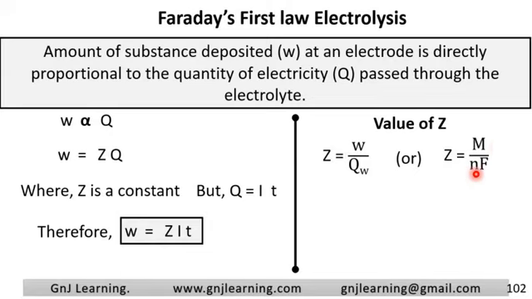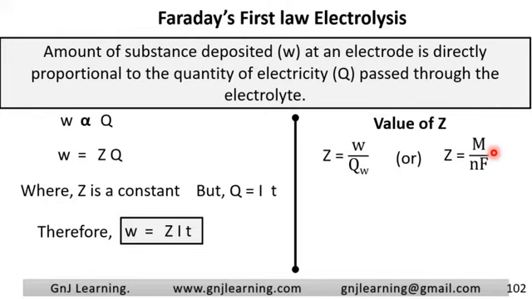So if you are passing N into Faraday, that means in sodium, when we passed 1 Faraday, N is the number of electrons and F stands for Faraday. 1 mole of electrons, that is 1 Faraday. How much mass did I get?